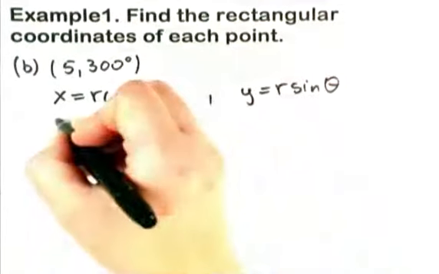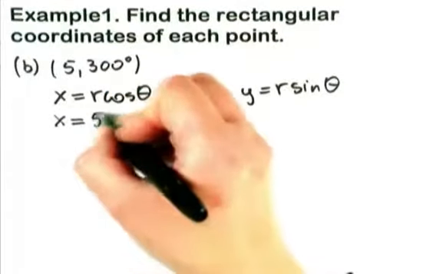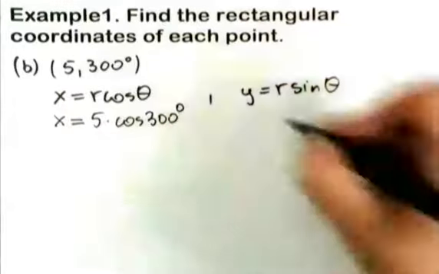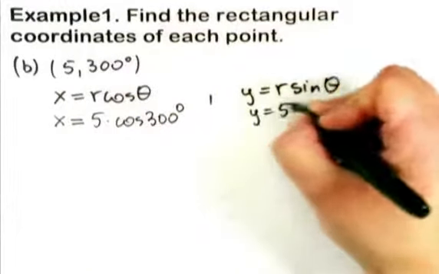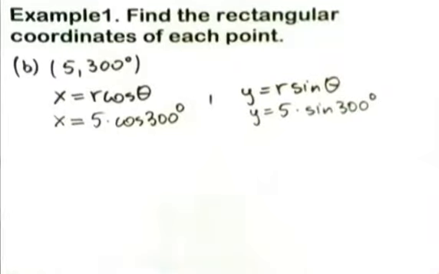So x is equal to 5 times cos 300 and y is equal to 5 times sine 300. So now we need to find cos 300 and sine 300. We can either punch it on a calculator, but if they ask for an exact value, it might not always work.